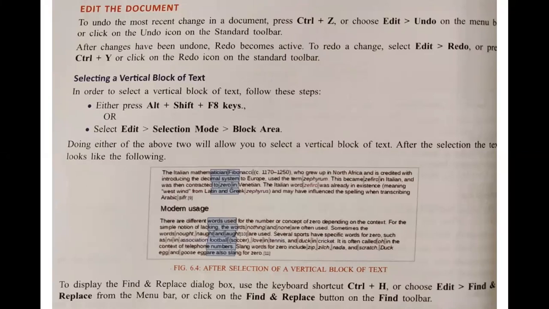Redo means the change we had undone earlier, we can reapply it. So how will you redo? You need to select Edit and then select Redo, or simply press Control plus Y, or you will find the Redo icon in the standard toolbar also.